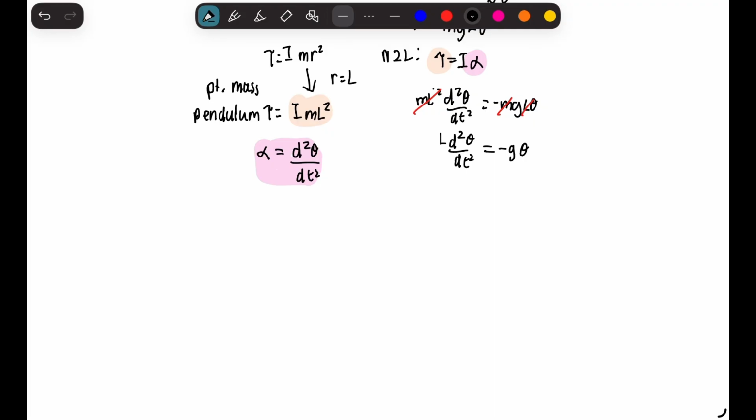That's because you have one L left over. And you have d squared theta over dt squared plus g theta over L is equal to 0. So that's a match of the simple harmonic motion equation.